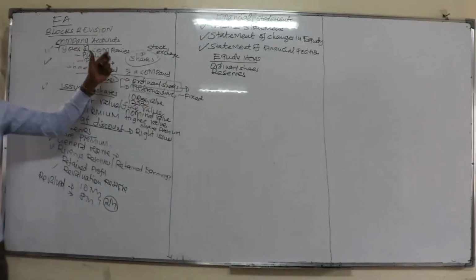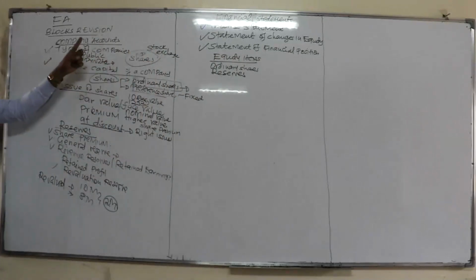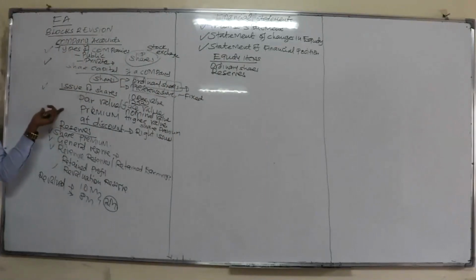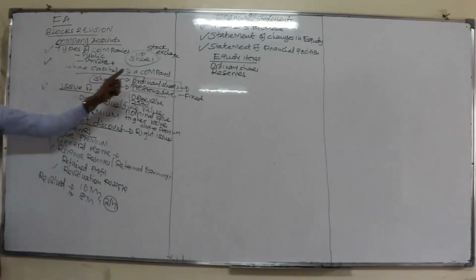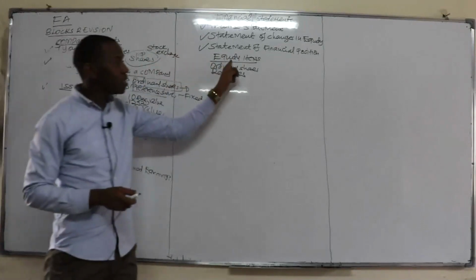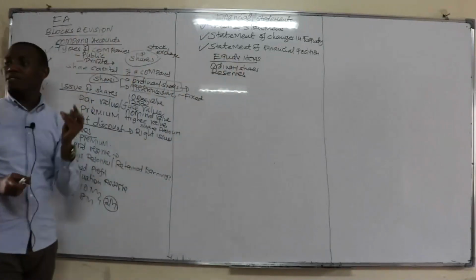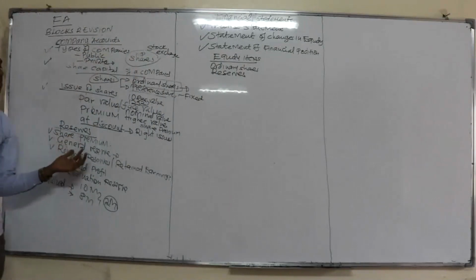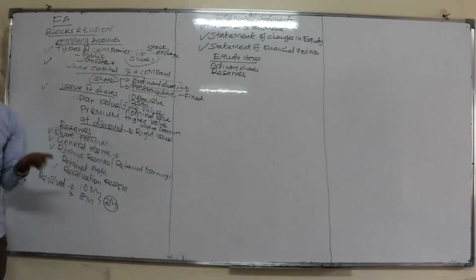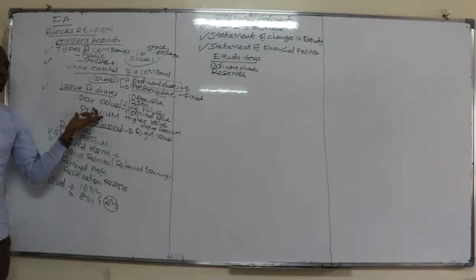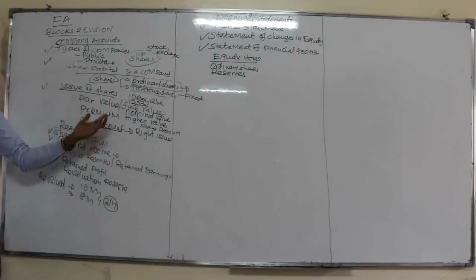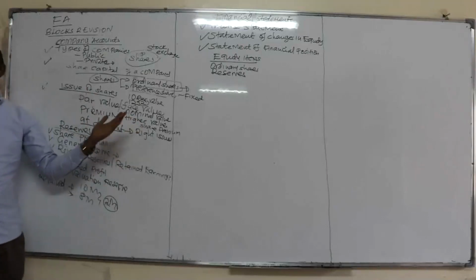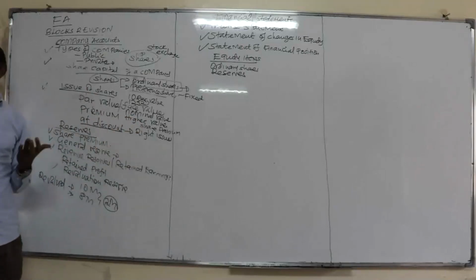In this case, you don't include the preference shares. Preference shares are not supposed to be included in the statement of changes in equity, because preference shares are not part of equity. These are people who do not have the right to vote over their shares, and they do not have control over the company. So they normally act as people who give out loans.